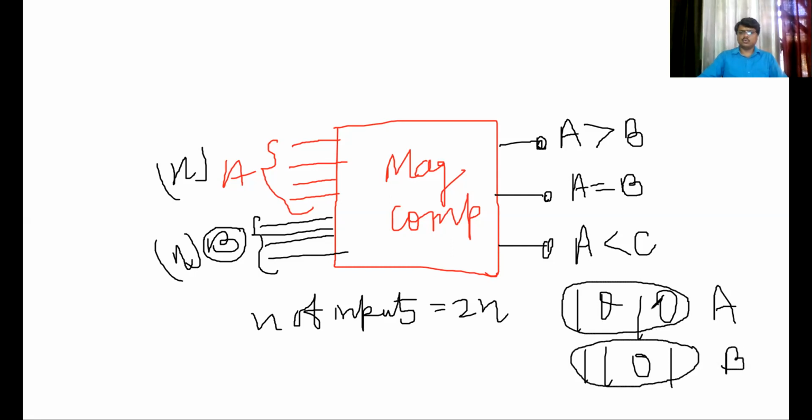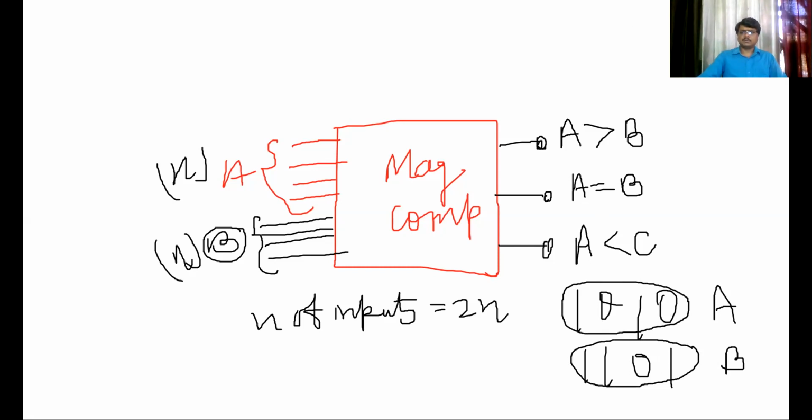So two 4-bit numbers are there, and there will be 8 inputs and 3 outputs. Outputs are fixed, 3. So the two numbers may be equal, the first number may be greater than the second, or the first number may be less than the second. So this is the possibility.